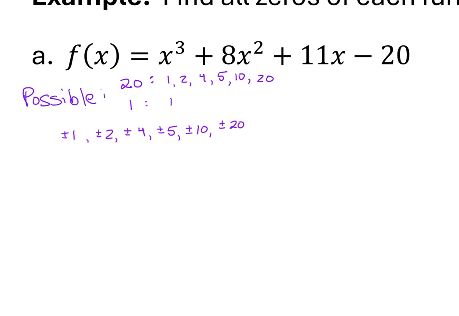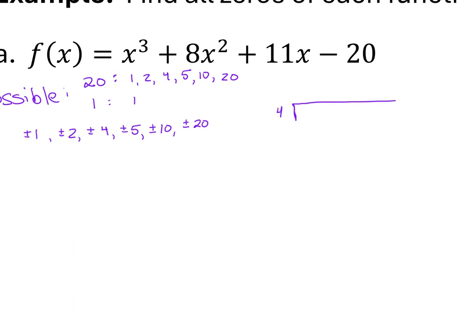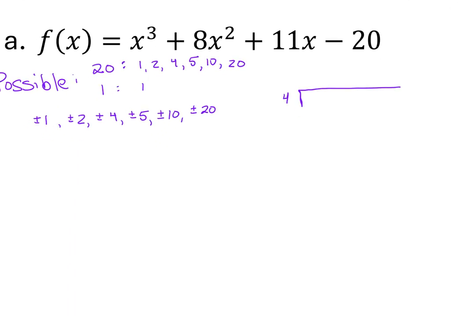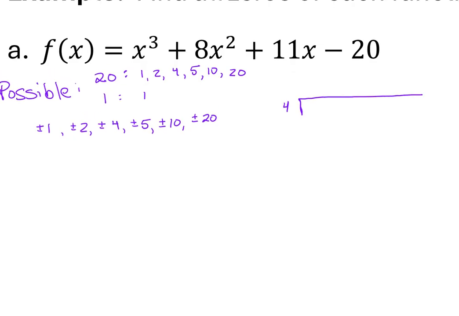Let's see what we can do here. Start by just picking a number. Let's try 4. Keep in mind that this is how they used to have to do this. They had to guess and check.